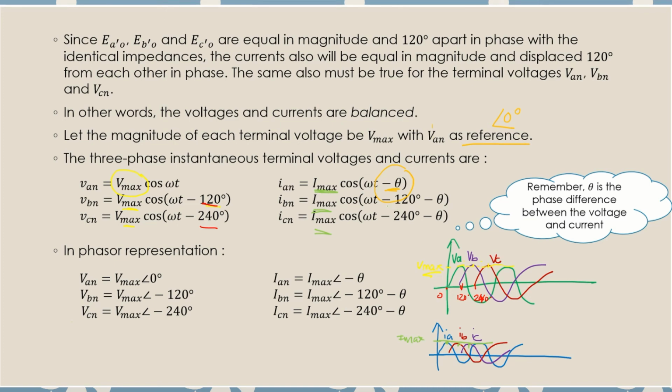And again they are negative 120 and negative 240, of course, because it starts from 0. So far you have learned all this, and now we want to move to a phasor representation. We're going to have a look at how you draw the phasor diagram for the voltage and also for the current.